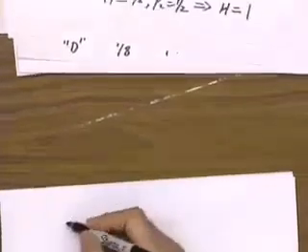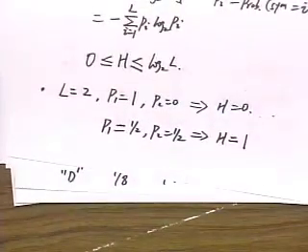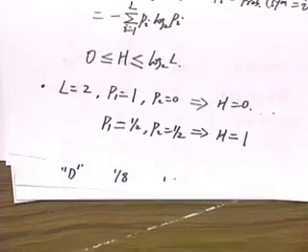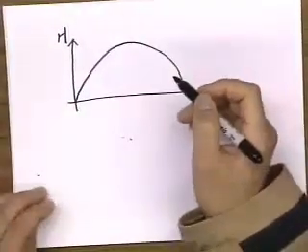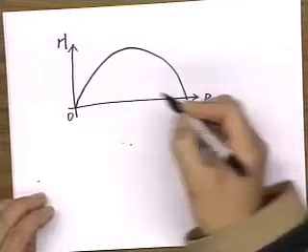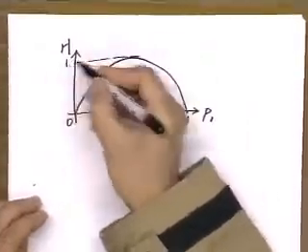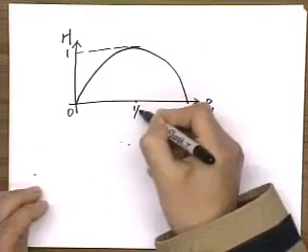And for this simple case, the entropy as a function of the probability P1 has an easy curve, just like a half circle. This is 0 and this is 1. The maximum is 1, at the middle point, 1/2.